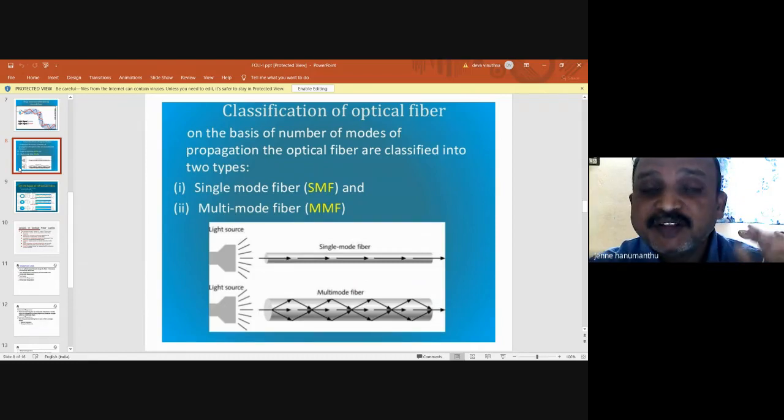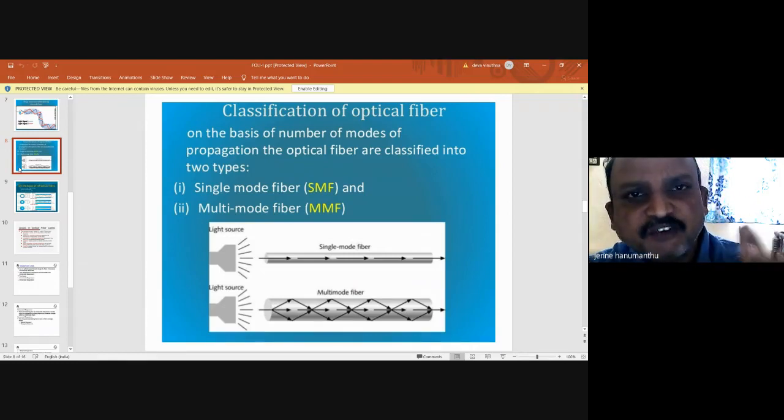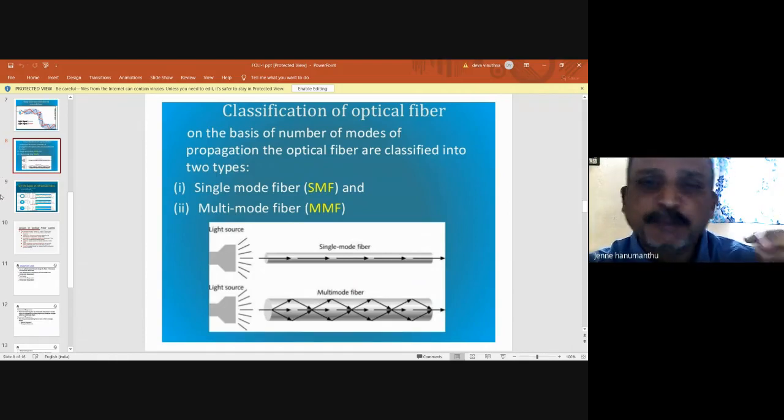Remember, when the light takes any direction, it should follow the total internal reflection principle. No other principle. When the light follows three or four mode paths within the fiber, it should follow the basic principle of total internal reflection.